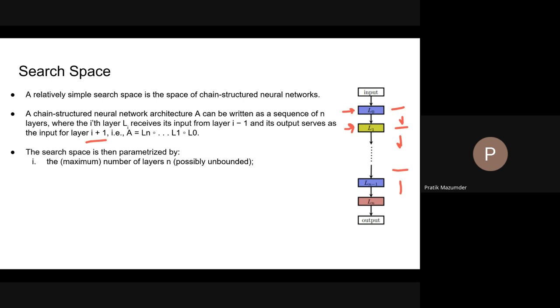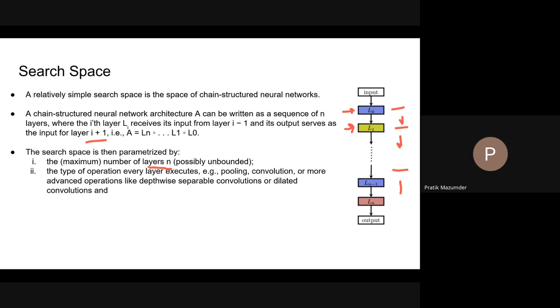In such a case, you will have the following parameters to learn for this setup, which is the maximum number of layers that you want to add. If you don't want to restrict the number of layers, you want to run this setup for as long as possible, your searching algorithm might keep on adding new layers, provided the performance is also increasing.